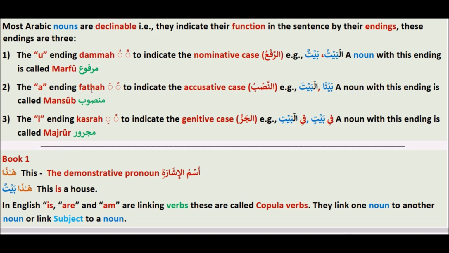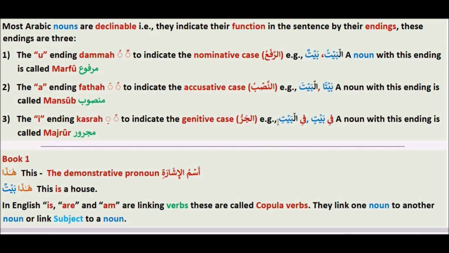Another ending, this is fatha, single and double, tanween, to indicate the accusative case. It is called al-nasbu. Al-bayta, baytan. A noun with this ending is called mansub. The other ending, kasra. It has single kasra or two kasras to indicate the genitive case.